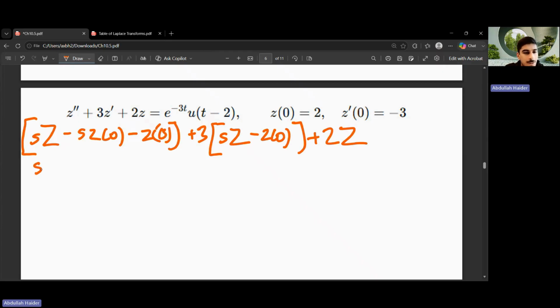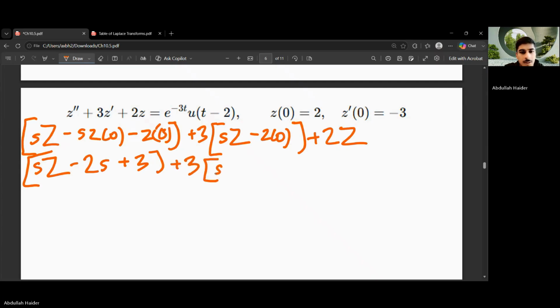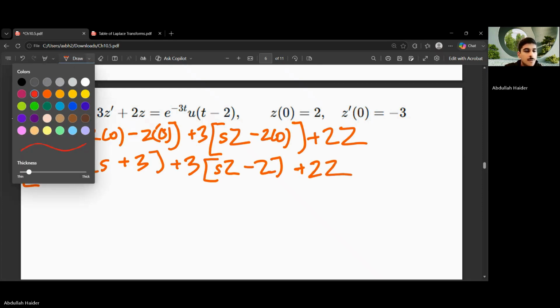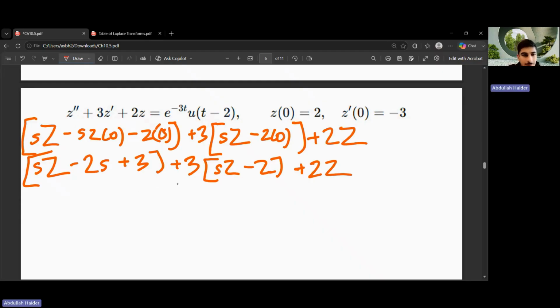So now substitute the initial conditions. s big Z minus 2s plus 3, plus 3 s big Z minus 6, plus 2Z. Let's first expand this a bit more.